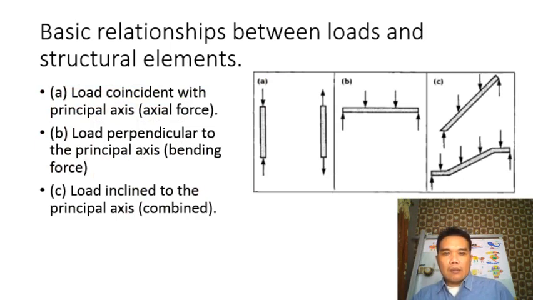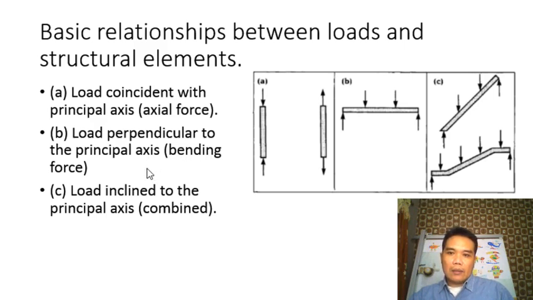The next is the basic relationship between load and structural elements. As we know, the load coincident with the principal axis is axial force. If the load is perpendicular to the principal axis, it's called bending force.